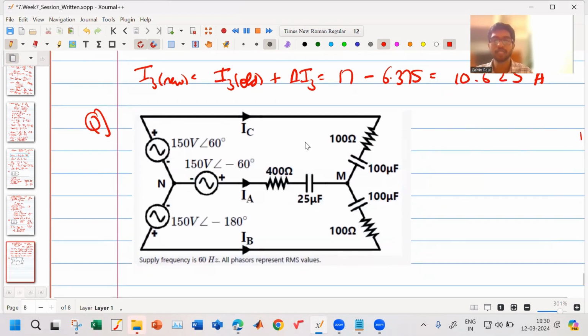So can everyone see this question? Yes, sir. Okay. So what do you think is the challenge in solving this question, or how must we proceed in solving it?